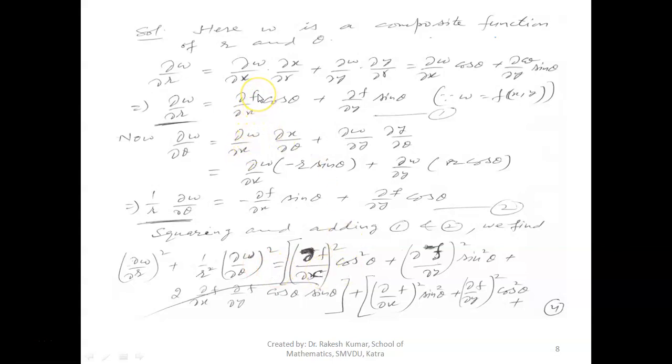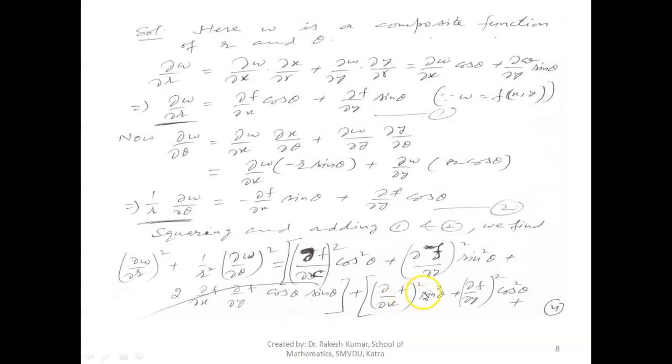So del x of f square cos square theta plus the second one, this square and this square, plus 2 times this and this, and then for the second one, a minus b whole square, then this a square plus b square.